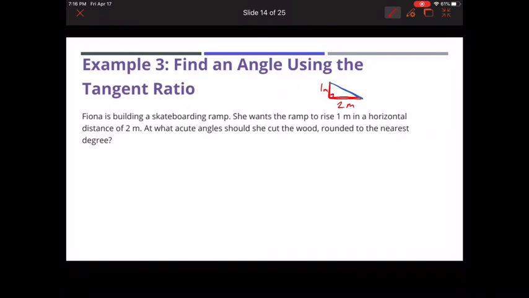At what acute angles should she cut her wood, rounded to the nearest tenth? So what angle is this going to be? We've got 2 little angles in here.